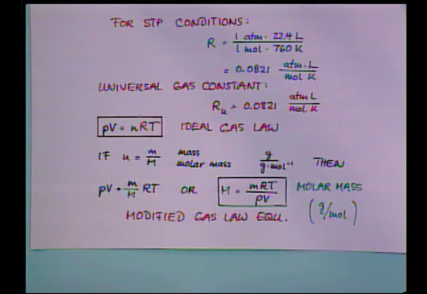So if we measured how much is produced in grams, and we have all the other parameters established, then we can calculate the molar mass of an unknown gas. So that is very handy as well.